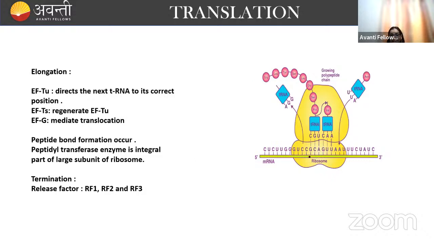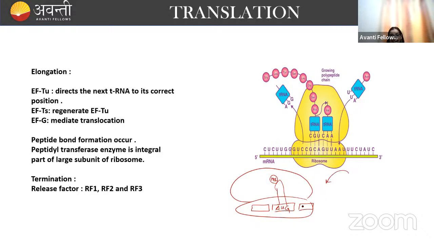Now in elongation, you will see this. The large subunit has bound because the IF3 factor has been released. Here's the tRNA. This tRNA has a methionine. The codon here is AUG.